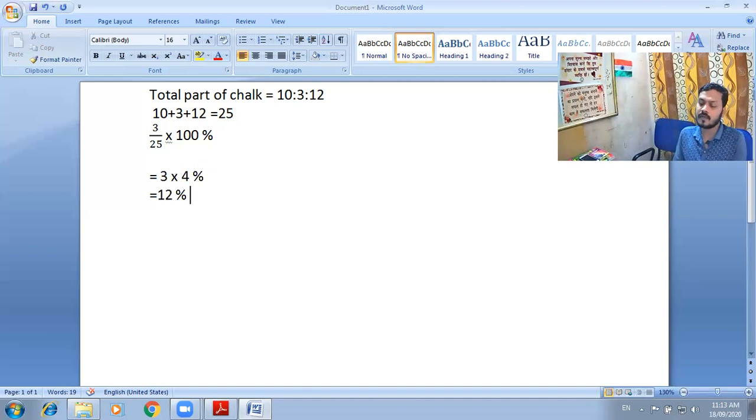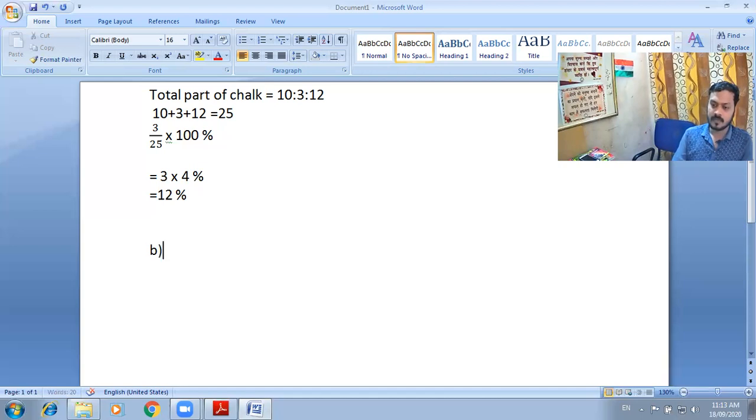So out of 25 we can find the percentage of carbon: 3 by total into 100 equals 12%. So we can say that the total percentage of carbon in the given mixture is 12%. That is the solution for the first part of question 7.